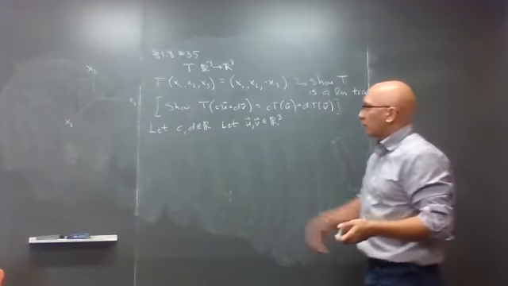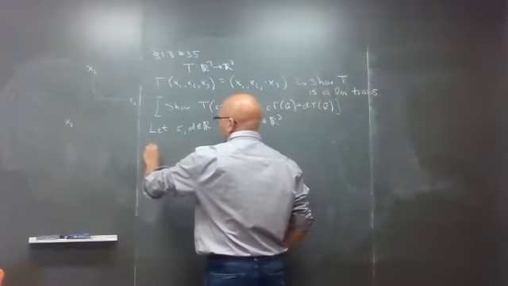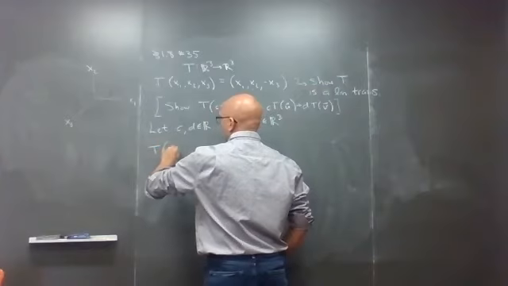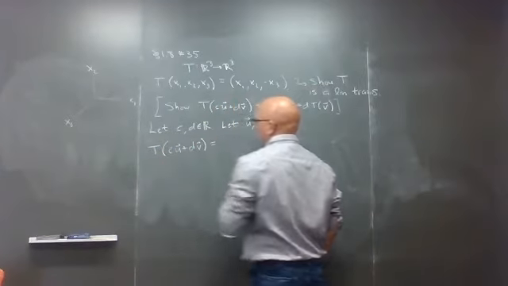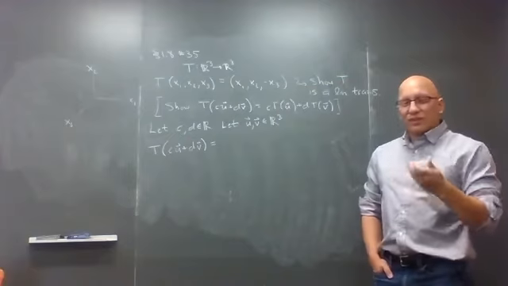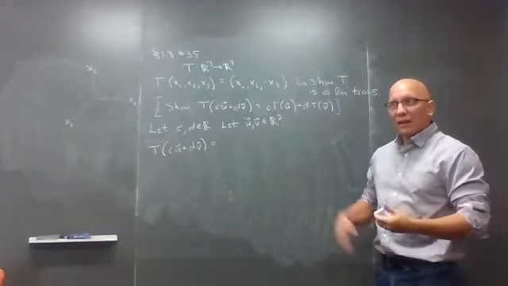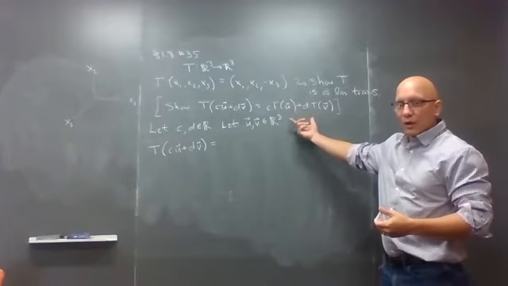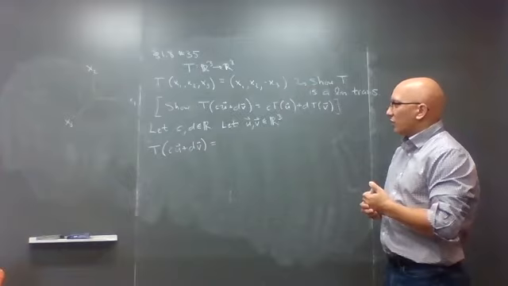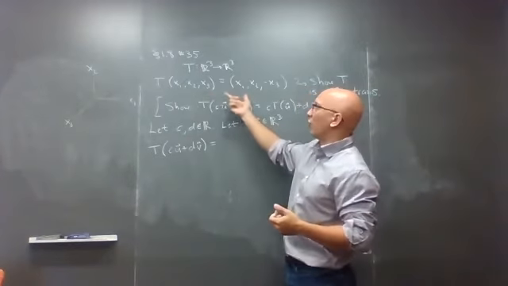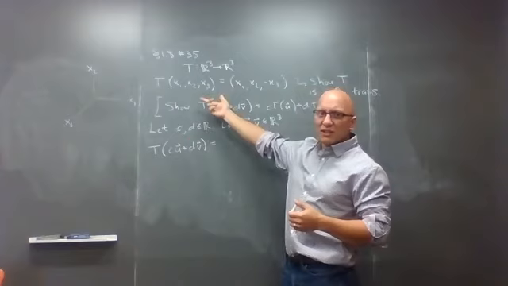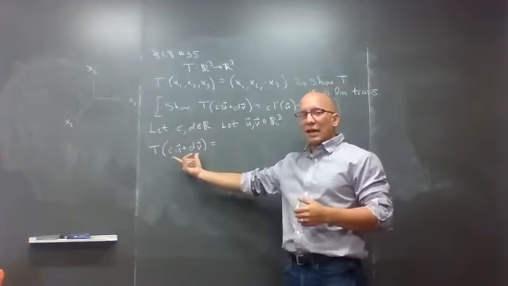Like we did in class, we start on the left-hand side and say T of cu plus dv equals. Now I need to start manipulating things and figure out how to get my way towards the right-hand side of this equation. Maybe you look at the formula for this transformation and say, well, it's not that easy to know how to apply this in this setting.